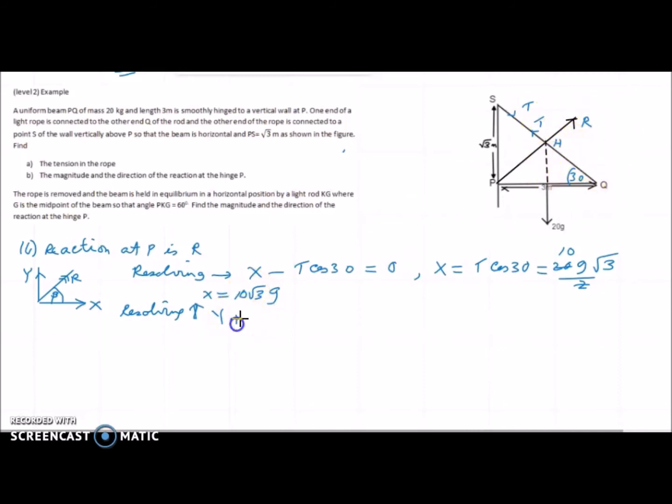Y plus T sin 30 minus 20g equals 0. From this, we can write Y equals 20g minus T sin 30.